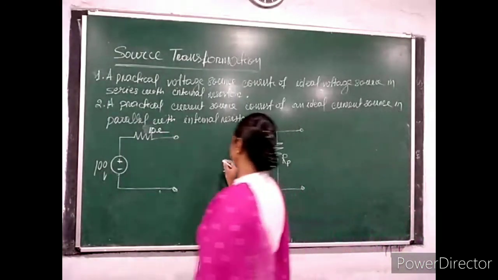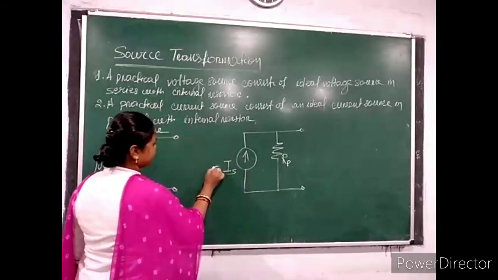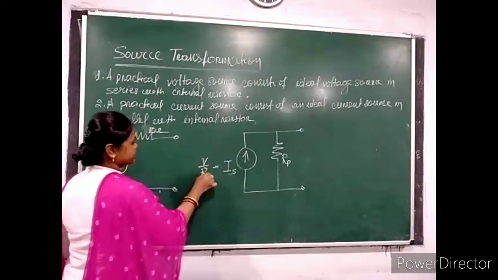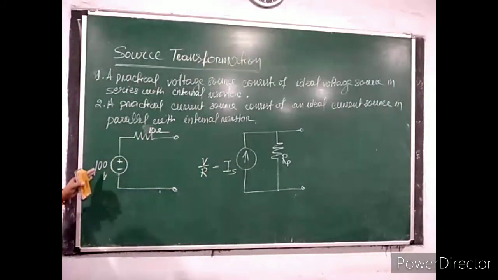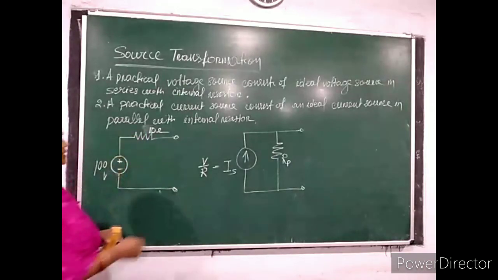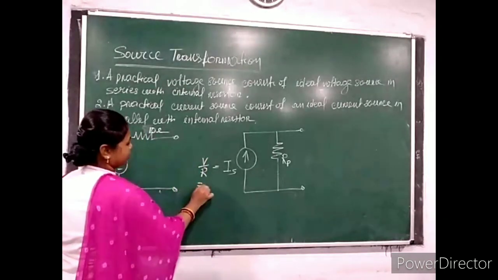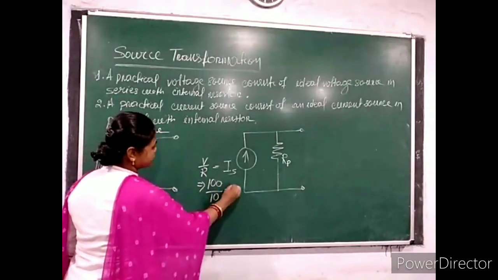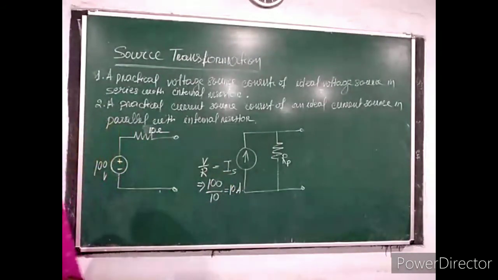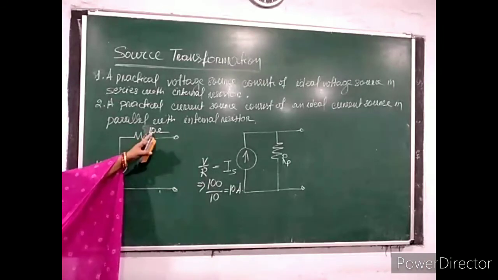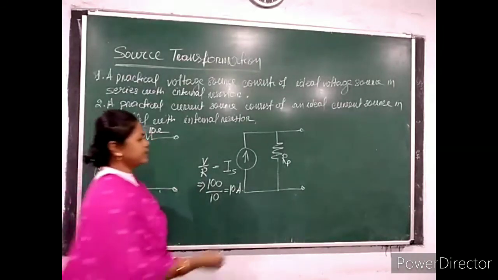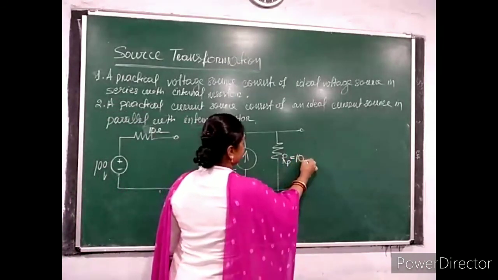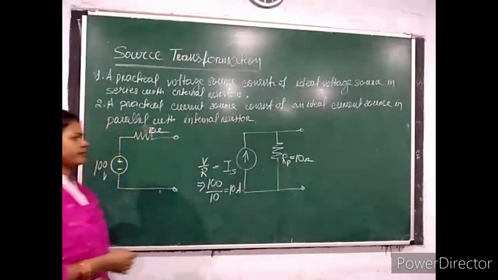As you know, current is voltage by resistance. You just divide this voltage source magnitude with this resistance, 100 by 10. So it is 10 ampere. And without changing the resistance value, you connect it in parallel. Clear?